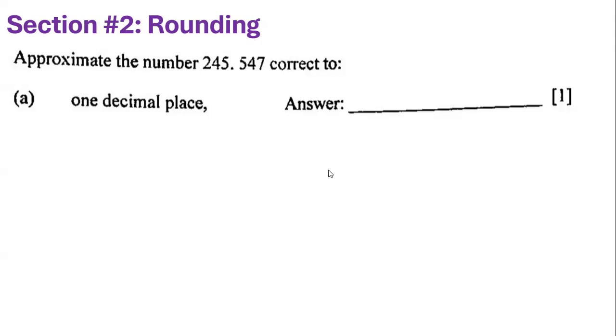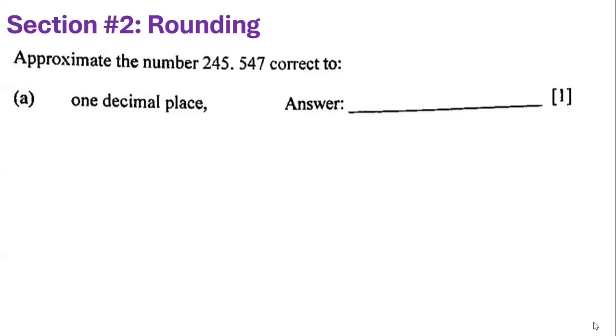We want to approximate the number 245.547 correct to the nearest 1 decimal place. Again, put your answer inside the chat for me, please.